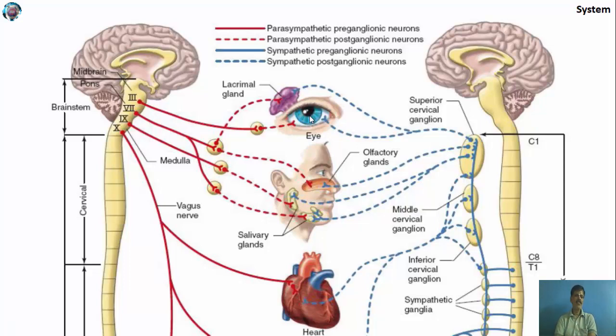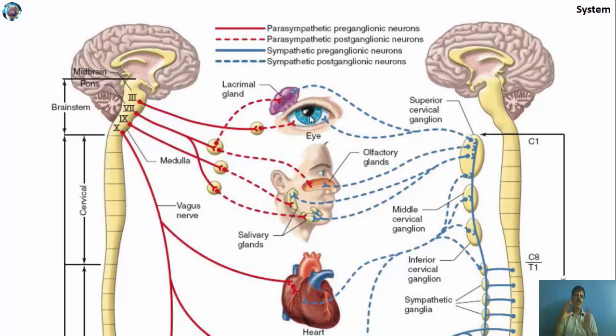Whereas the seventh cranial nerve is going to provide its postganglionic parasympathetic neuron to the lacrimal gland and olfactory gland. The ninth cranial nerve is going to provide its parasympathetic postganglionic neuron to the salivary glands.